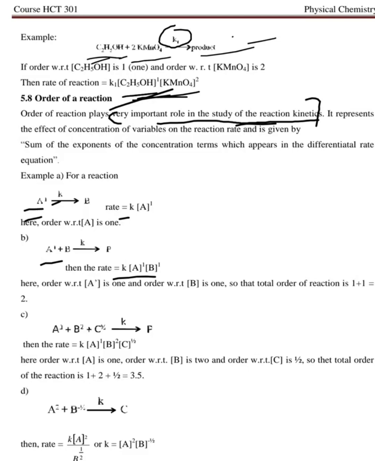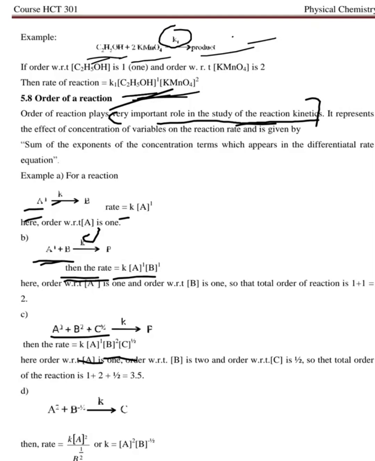This K is the rate constant into reactants A1 plus B. This is how you identify the rate constant or rate of reaction. And when you are taking three different molecules, it can be written as K into A1 into A2 and C to the power of half.